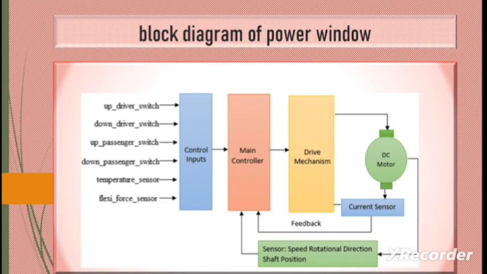Drive mechanism. The drive mechanism is a system that converts rotary motion of the electric motor into linear motion to raise and lower the window. There are several types of mechanism used in a power window system, including cable and pulley systems, scissor type mechanisms, or worm gear mechanism.